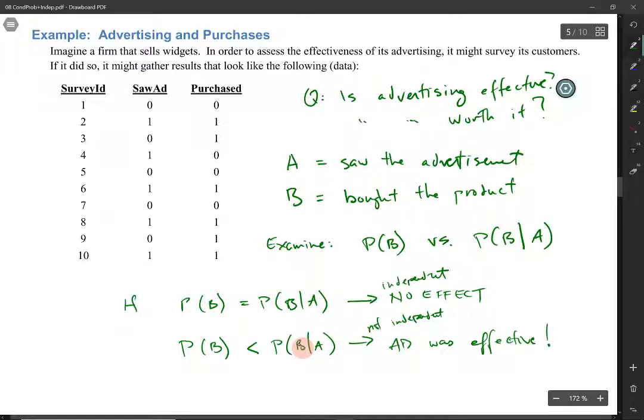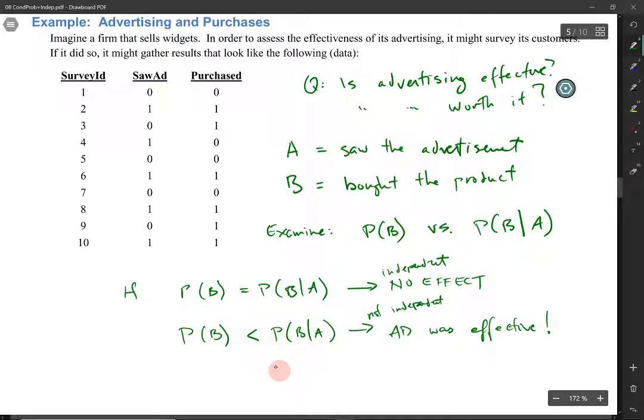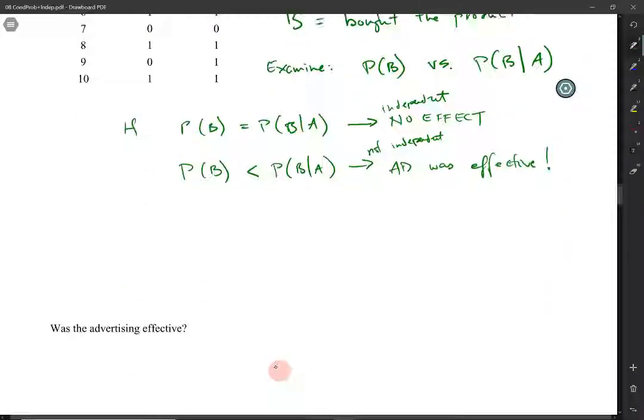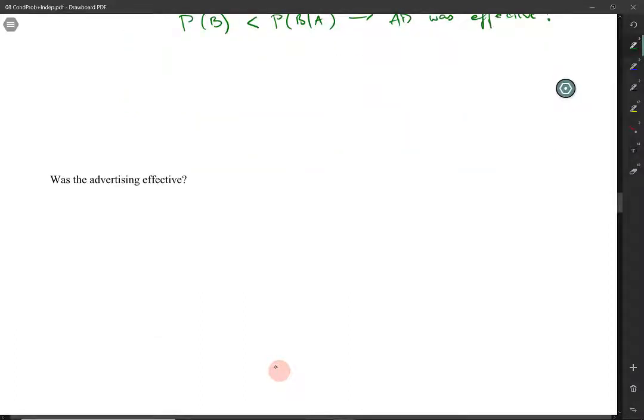Right? So you have to measure some way of did people see the ad, who saw the ad, who didn't see the ad, right? And then you could use this idea of independence to find out if the ad was effective or not. Does that make sense? So you use this concept of independence. If you actually do this as an exercise, you should find out yes, they're basically not independent.